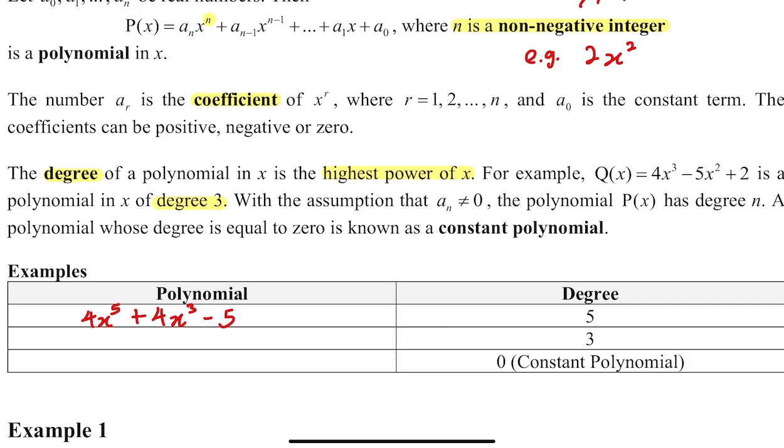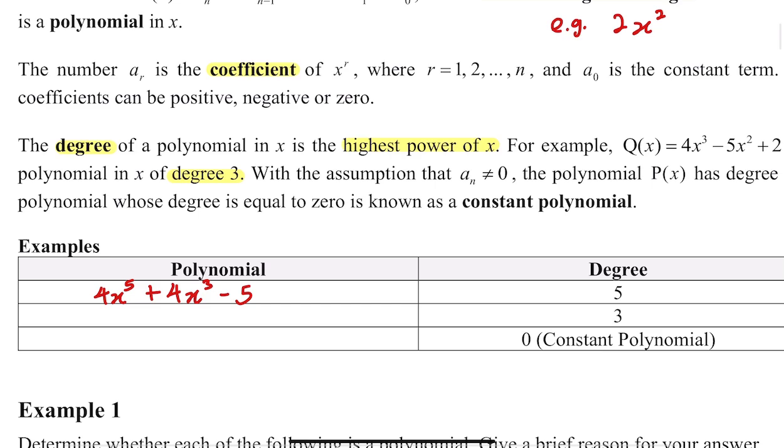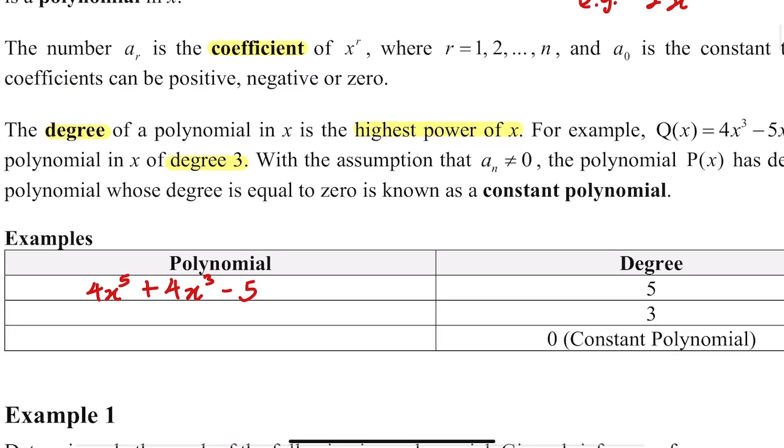Let's say degree 3. You just need to write any polynomial with highest power of x being 3. If I put negative 2x^3, this is okay. You can add terms like plus 2x plus 1. This is a polynomial of degree 3 because the highest power of x is 3.